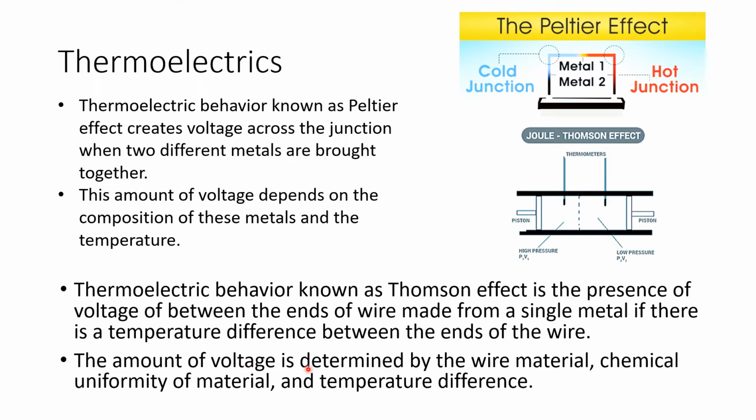The amount of voltage is determined by the wire material, chemical uniformity of the material, and the temperature difference. Here is composition and temperature.